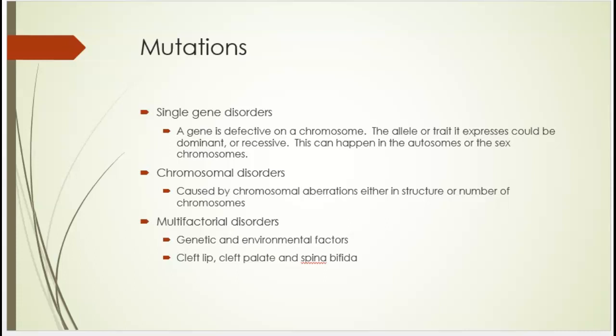You could have a chromosomal disorder in the shape or structure of the chromosome, or the number of chromosomes, for example, trisomy 21. We're going to look at that. You can also have multifactorial disorders. There are issues with nutritional deficiencies, such as Spina Bifida, which we're going to look at.